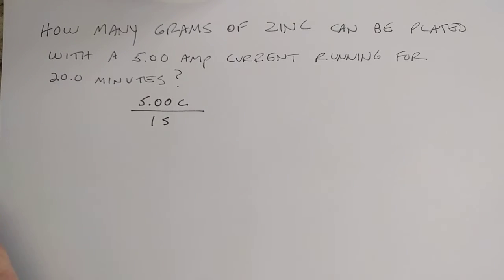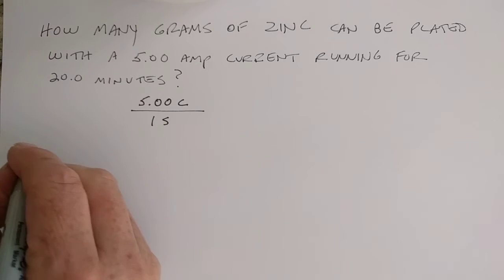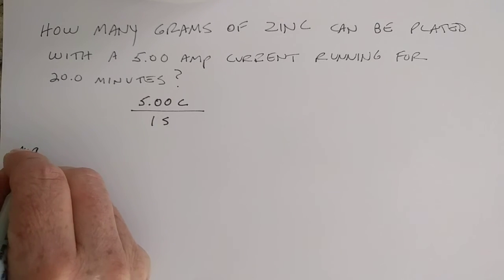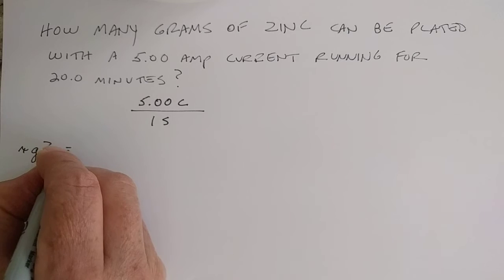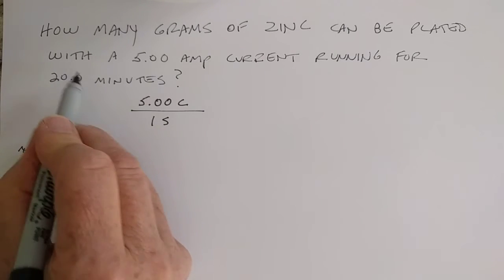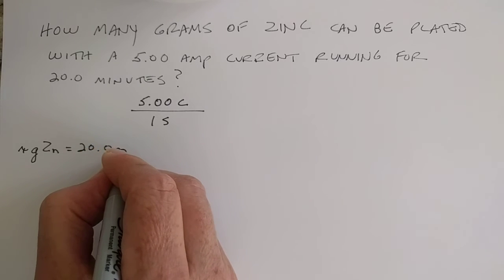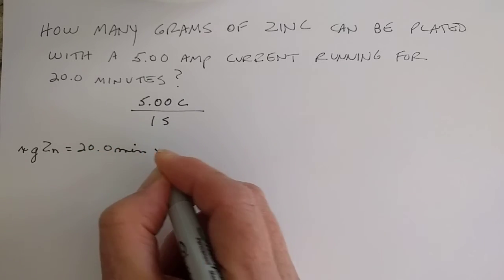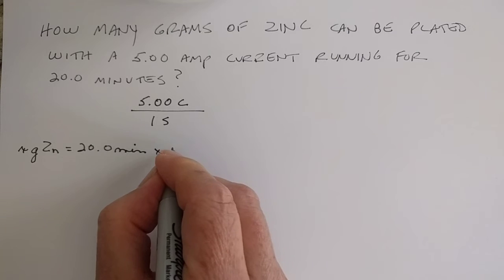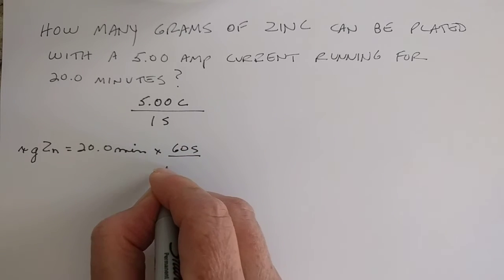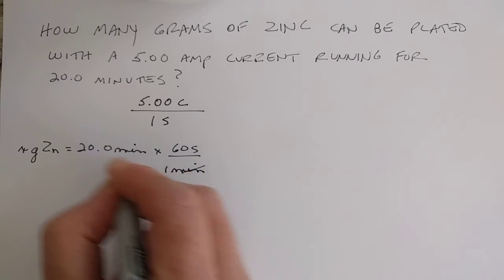Okay, so we're just going to do one big dimensional analysis. So X grams of zinc equal, our quantity of interest is 20.0 minutes times, we got to get this to seconds, so 60 seconds in 1 minute.